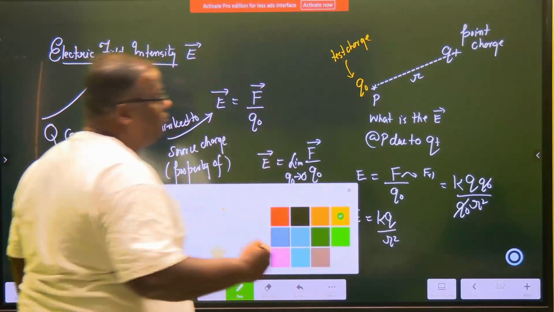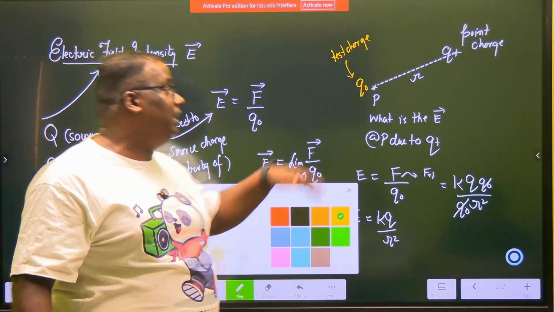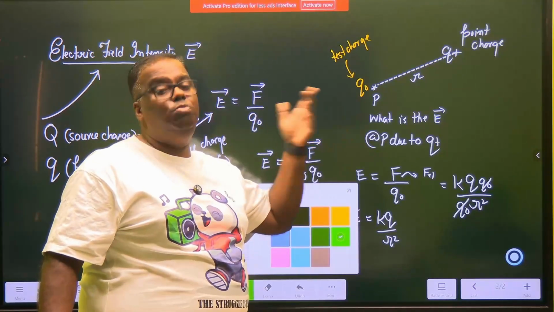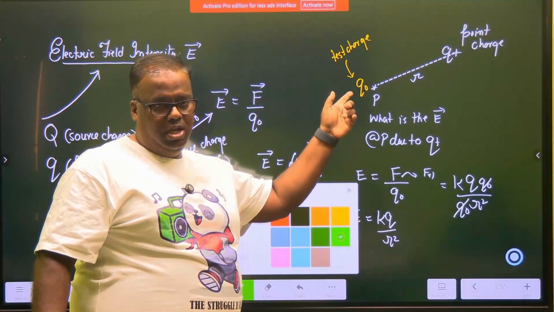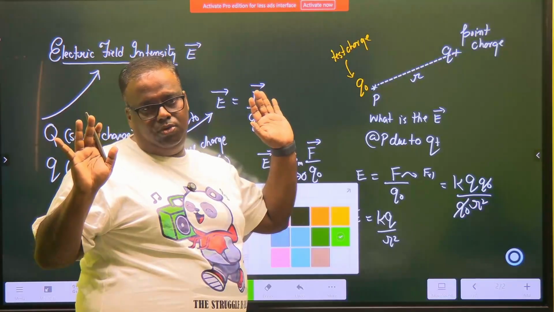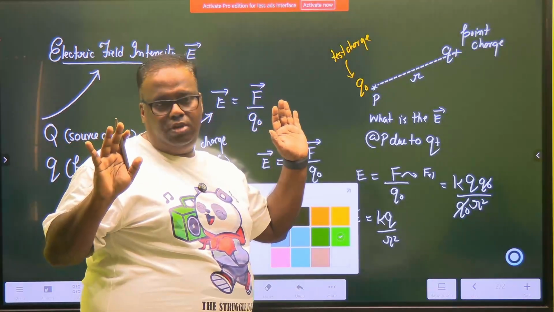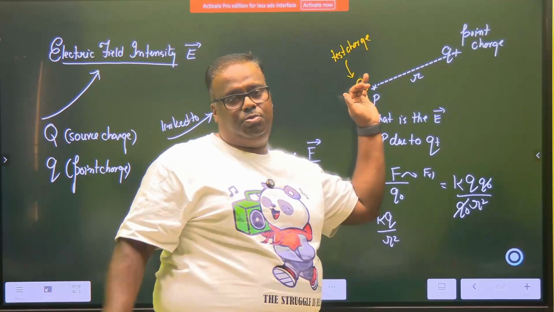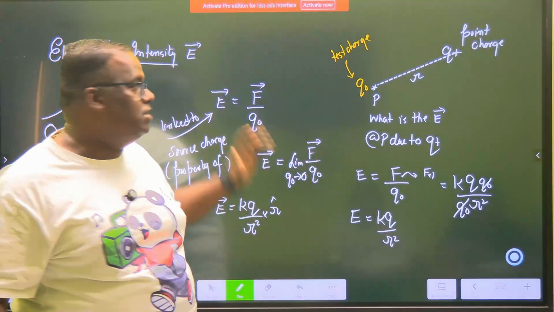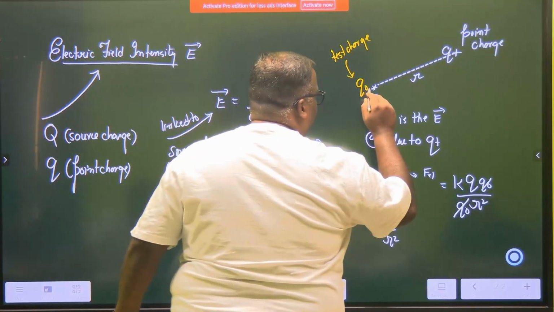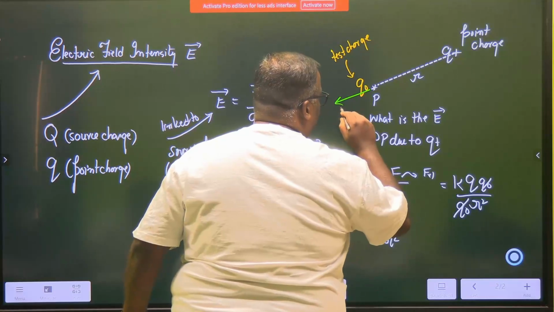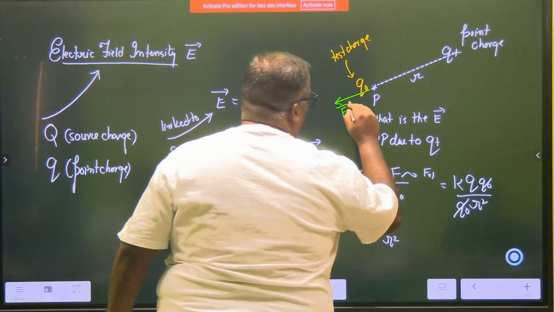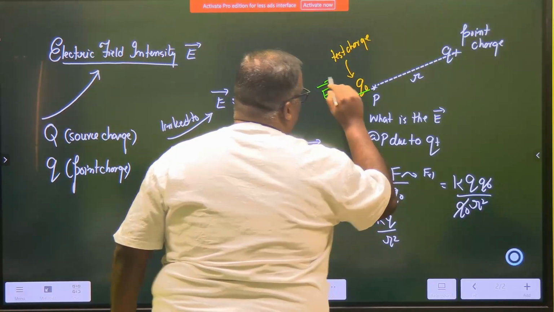The direction of the electric field is given by the direction of the force that is experienced by this test charge. Whom did you bring? I brought this test charge. This test charge is going to experience a force, either attractive or repulsive. Now, in our hypothetical scenario, since this is positive, so this will experience what? It will experience a repulsive force. So I feel that on this side will be the electric force. So the direction of electric field will also be the same.